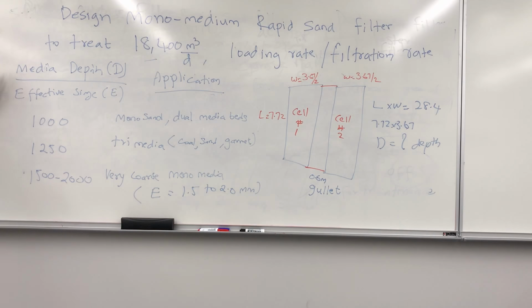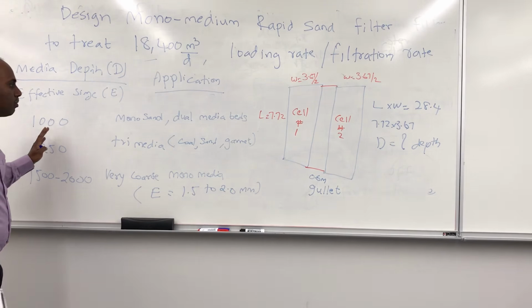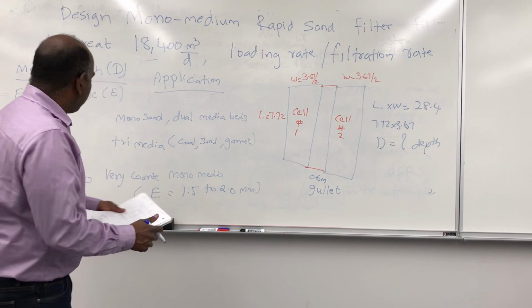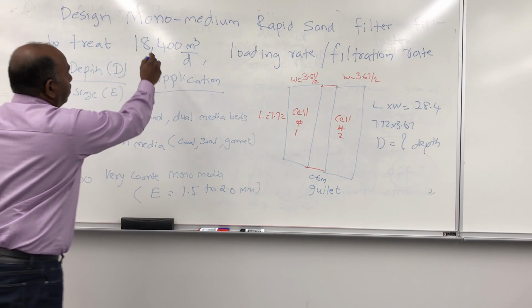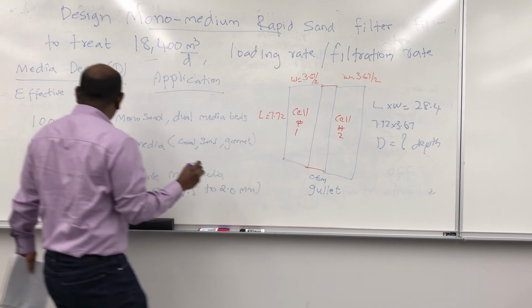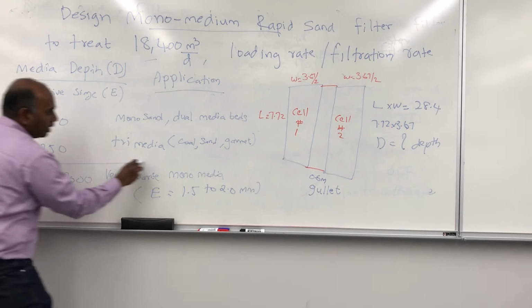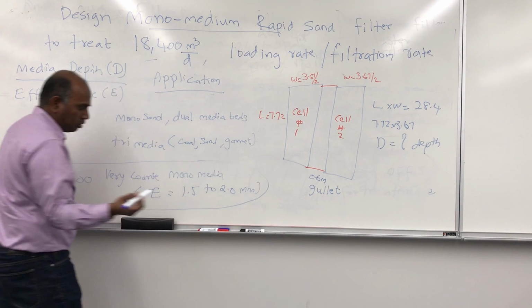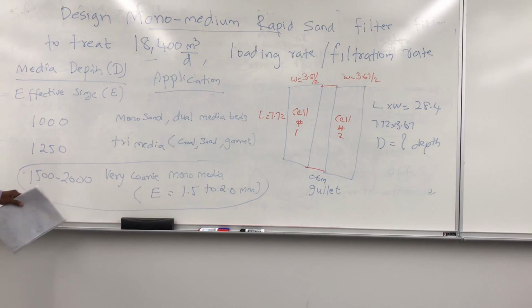Okay, these are the design criteria for calculating the depth of filters. Now we are going to use monomedium, rapid sand monomedium. So this is the one we are going to use, 1500 to 2000.